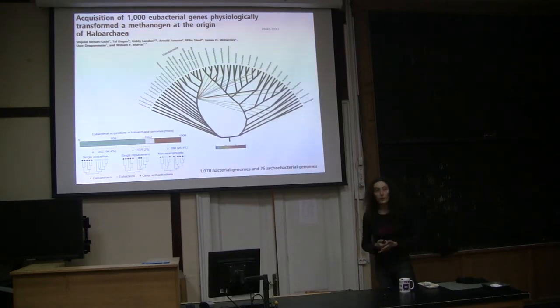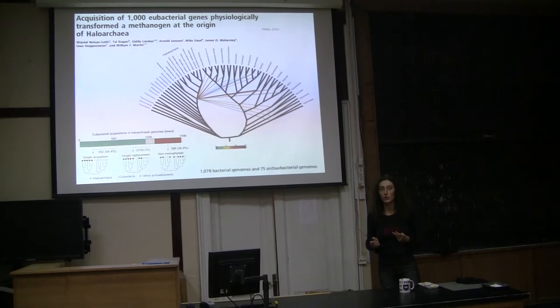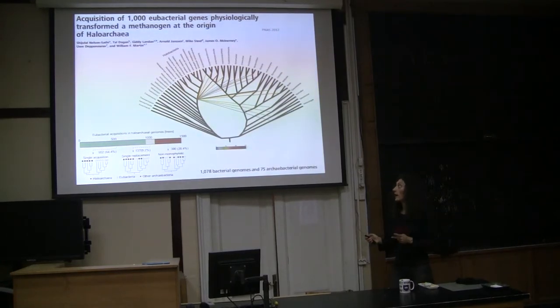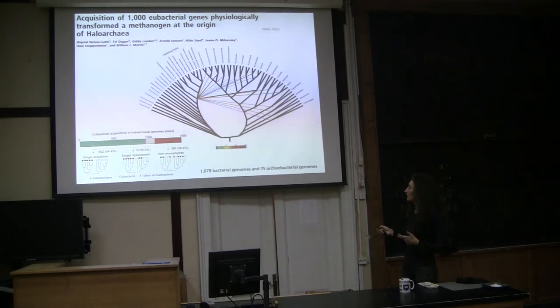So these are our observations in these particular two groups of uncultured archaea from the deep sea. But interestingly, a couple of years ago, in 2012, Nelson-Sathi and co-workers made a similar observation in another group of archaea, the haloarchaea, traditionally called halobacteria, because before we knew they were archaea.